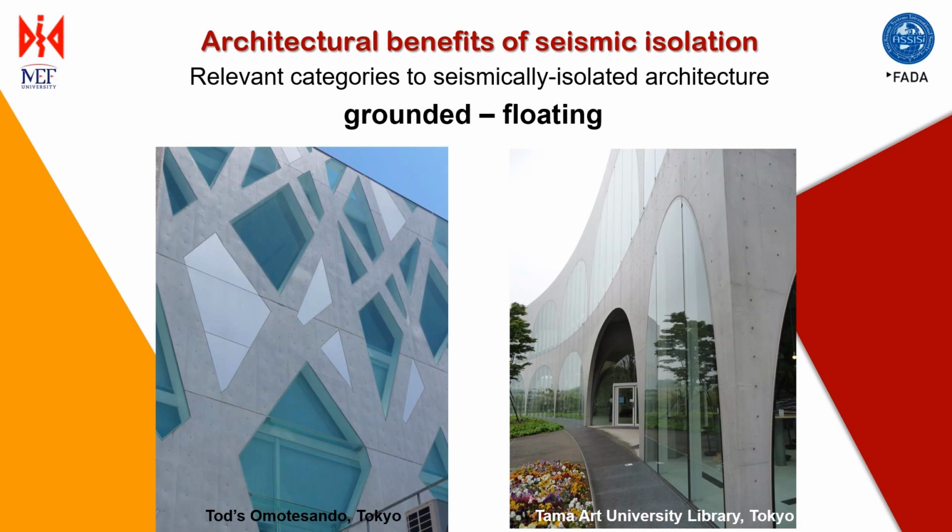At the base of the building, the structure is dense, but higher up it becomes more delicate. Here, Tama Art University Library in Tokyo, part of the 2 main facade columns touch the floor very lightly.